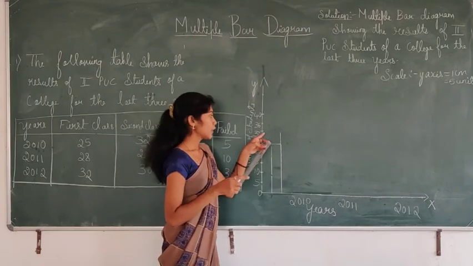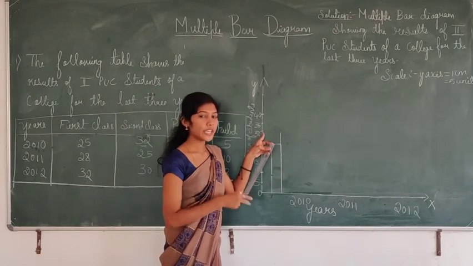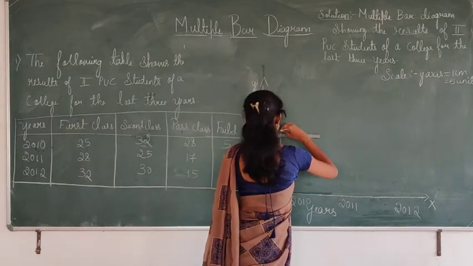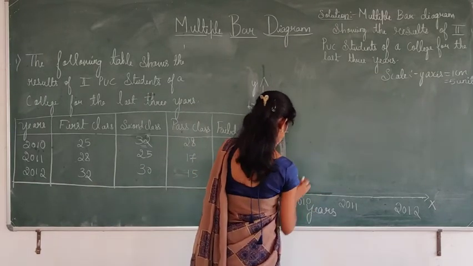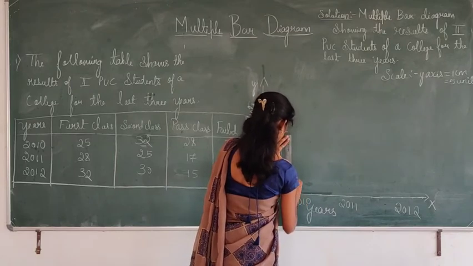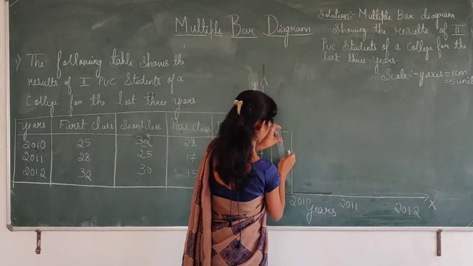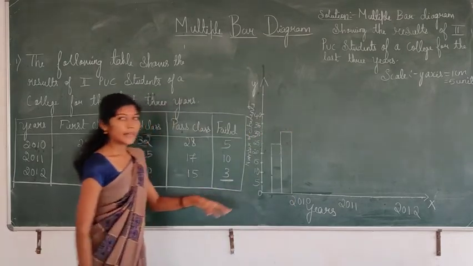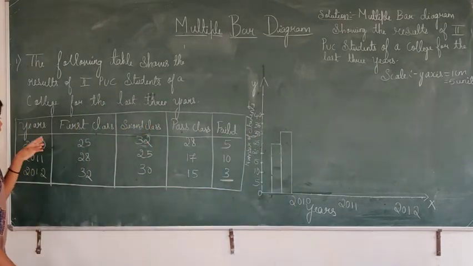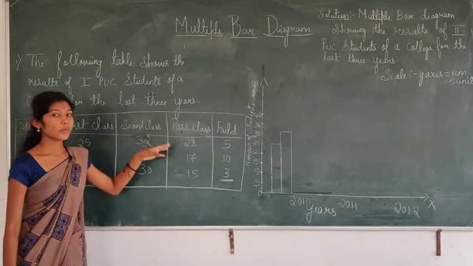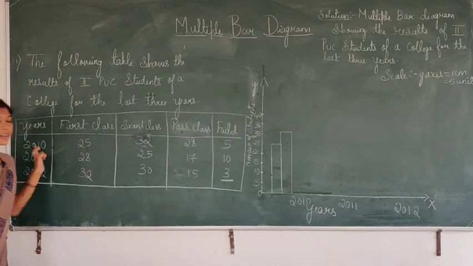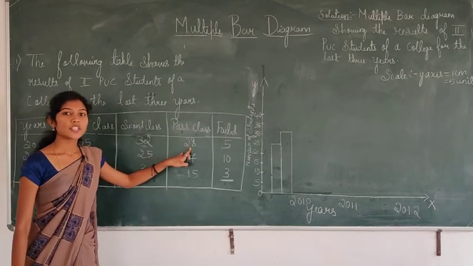You need to take proper measurement using the scale. Number of students who have secured pass class in the year 2010 is 28.